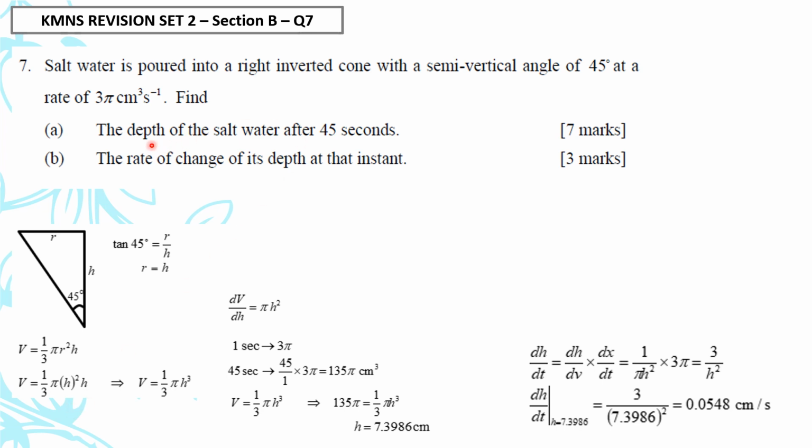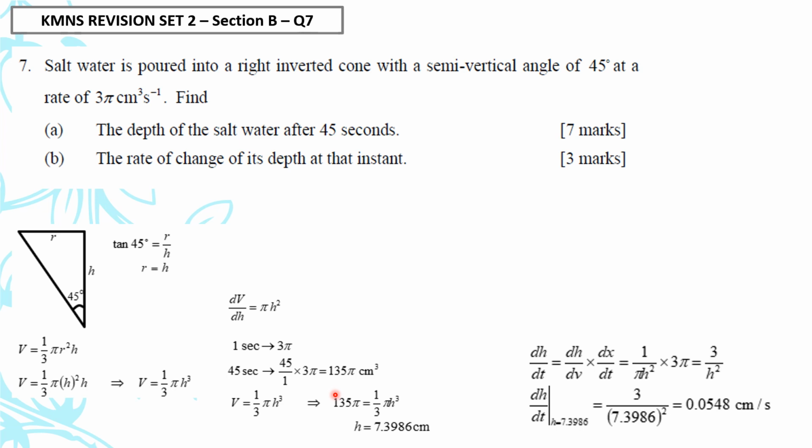Okay, and it asks for the depth of salt water after 45 seconds. And I already explained this in the tutorial. If 1 second refers to 3 pi, then for 45 seconds you need 135 pi centimeter cube.